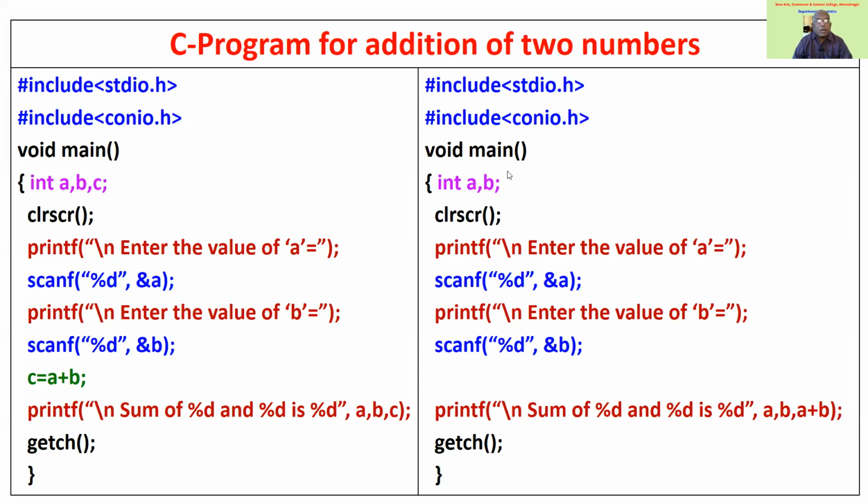So I am using only two variables instead of three variables. clrscr same, printf message same, scanf data entry same, second message same, data entry same. I am not performing C is equal to A plus B here because I have not defined C.